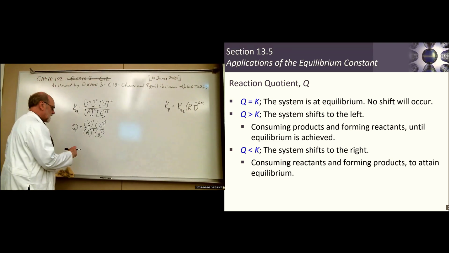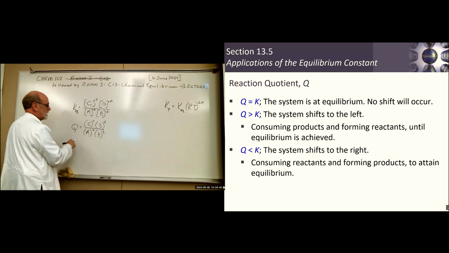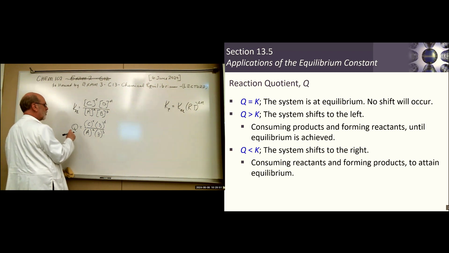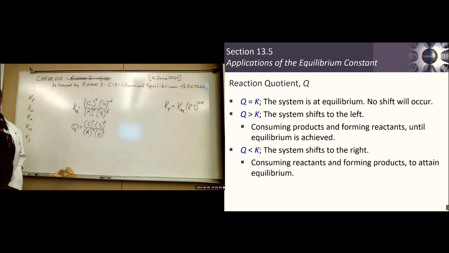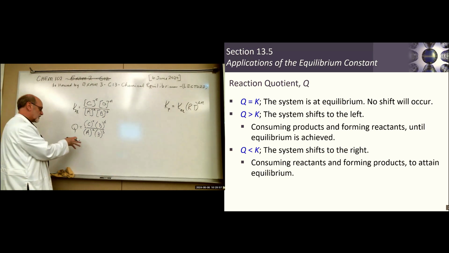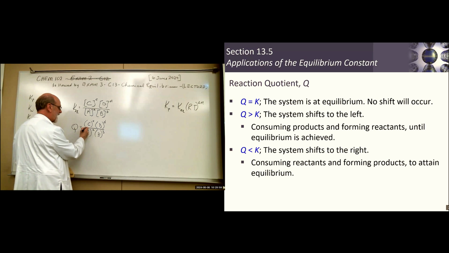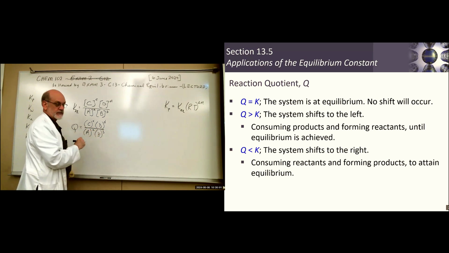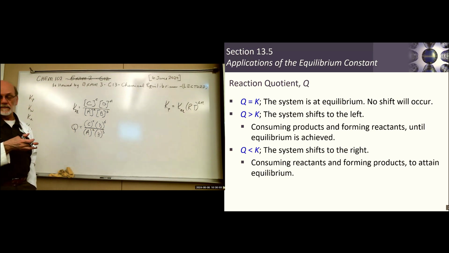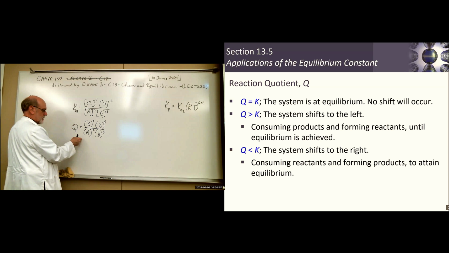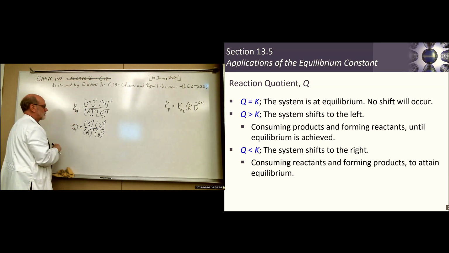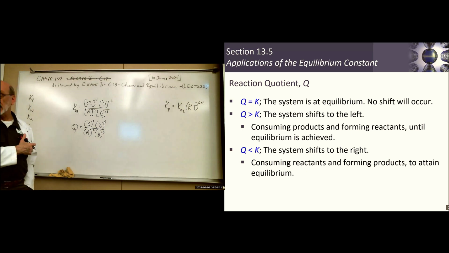So if we calculate this value, and we know what the K equilibrium is for that reaction at this given temperature, and we calculate this value for what we have introduced into the reaction container, then we can compare these two values, the calculated value to the theoretical K value for that temperature.